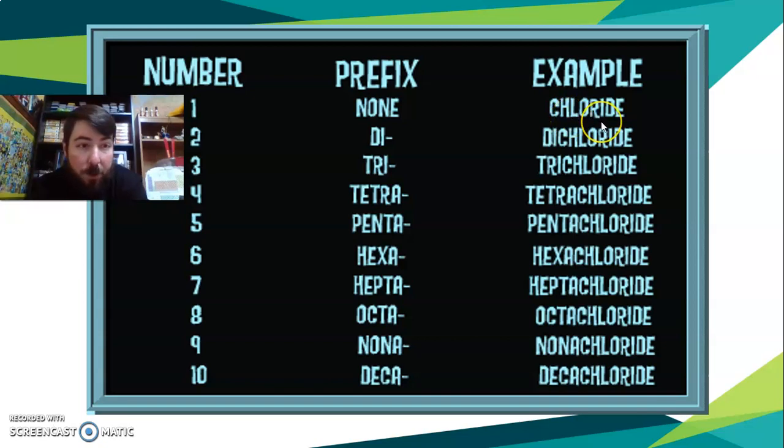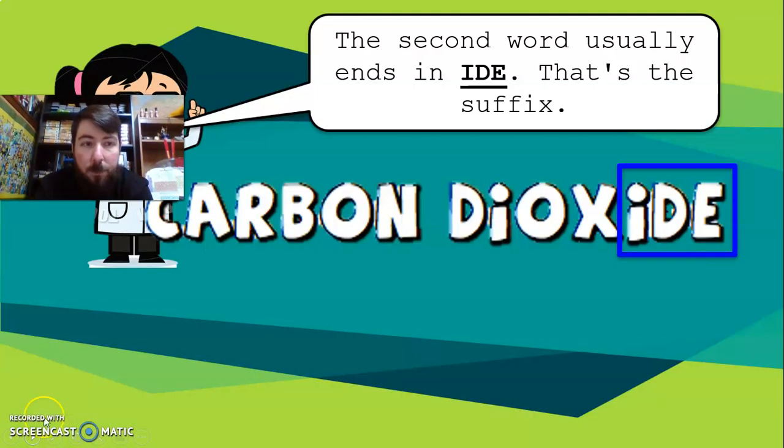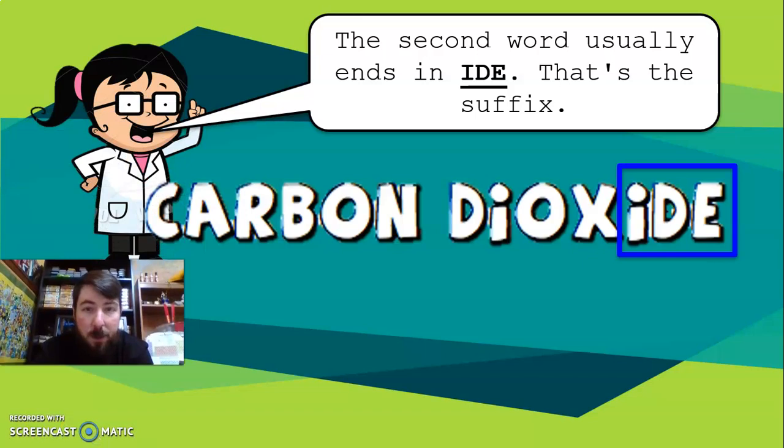So chloride would mean there's one chlorine, dichloride would mean there's 2, trichloride would be 3, and so on. The second word usually ends in "ide." That's called the suffix, or just the ending of the word. So carbon dioxide means we have one carbon and 2 oxygens.